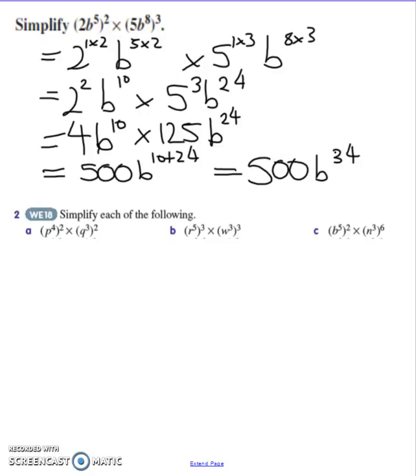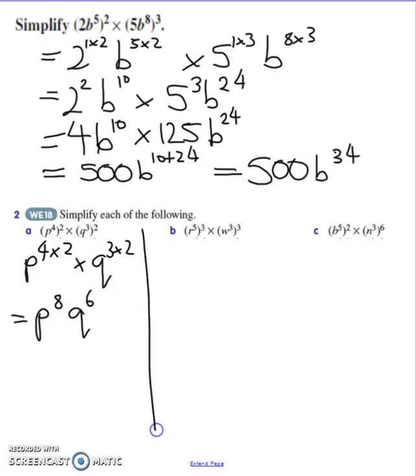Do a couple more on this section before we finish up. So this one here, you've got p to the power of 4 times 2, q to the power of 3 times 2, which will give us p to the power of 8, q to the power of 6, and that's as far as we can simplify that one.